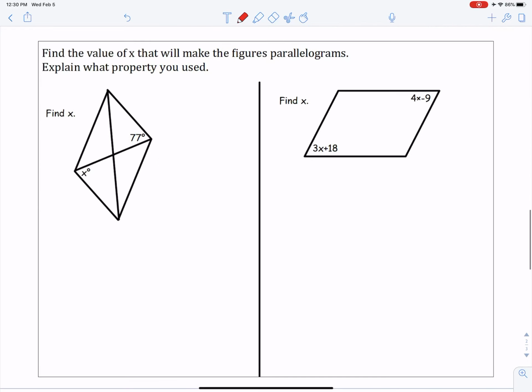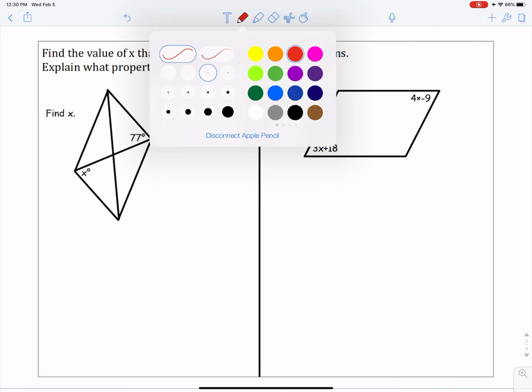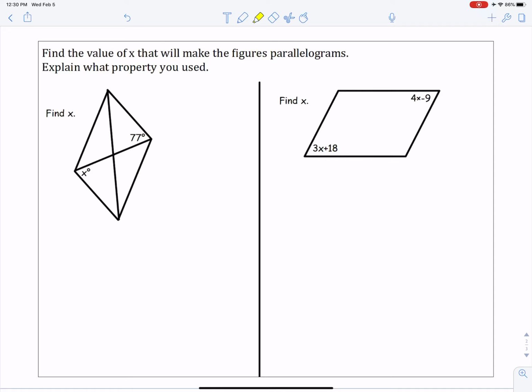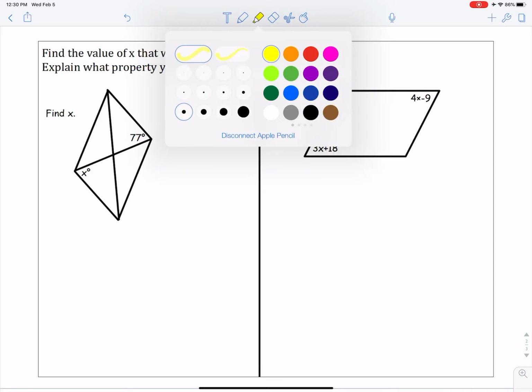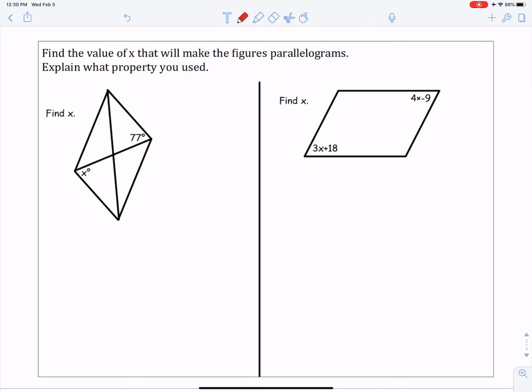All right, next two questions. I'm going to use my highlighter here. It says, find the value of x that will make the figures parallelograms. Explain what property you use. So in this picture, I just want to remind you that the opposite sides are parallel.